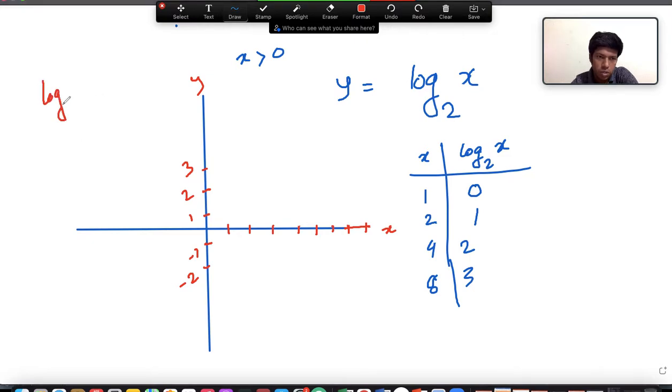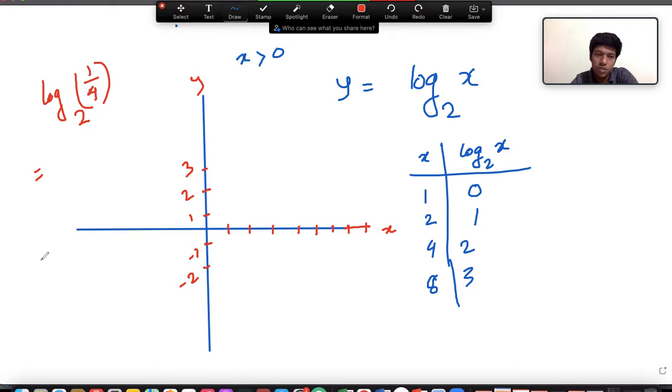Suppose log 2 base 1 divided by 4. Okay, log 2 base 1 divided by 4. This equals to what? This is just to show you some small value how it comes.